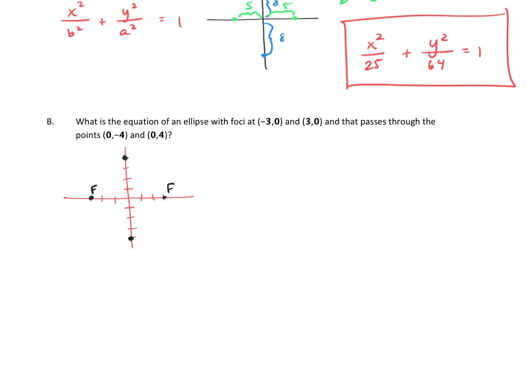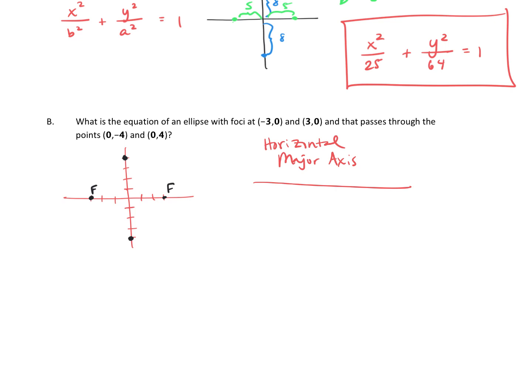Because the foci are on the x-axis, the line connecting those would be horizontal. So this is an equation where we have a horizontal major axis. Remember, the major axis goes through the foci.